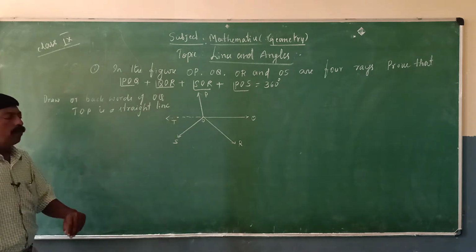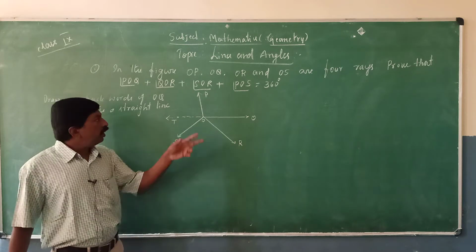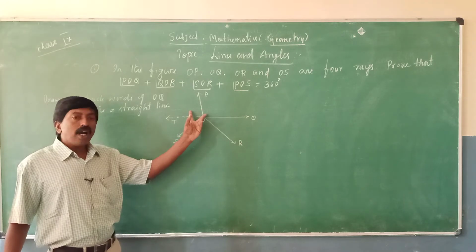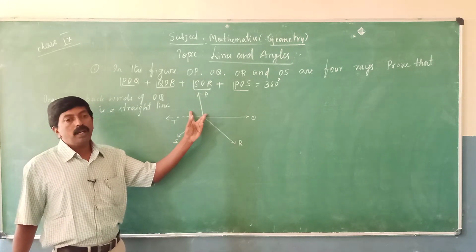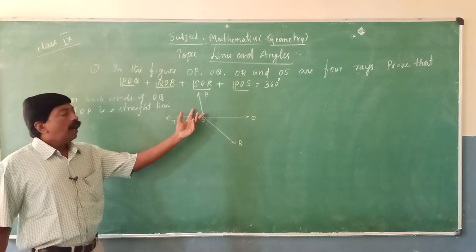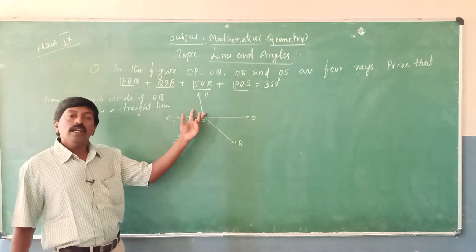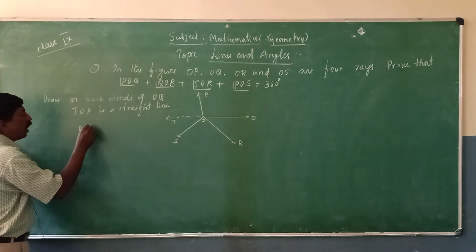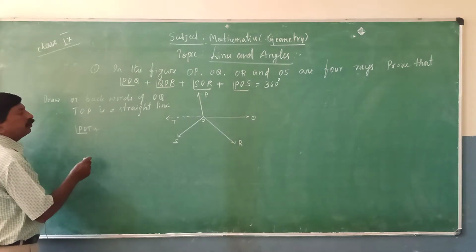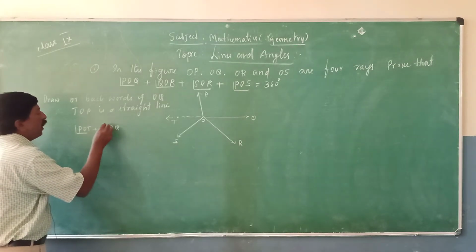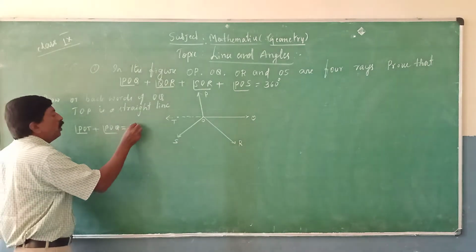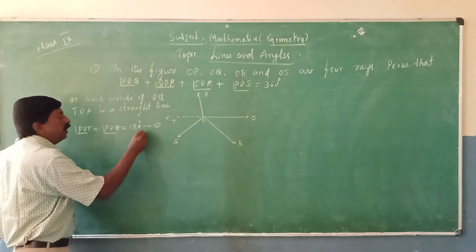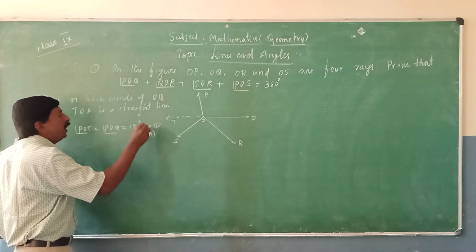Now on this line, which ray is standing? Ray OP is standing. That OP makes two adjacent angles forming a linear pair. What is their sum? Yes, 180 degrees. Therefore, angle POT plus angle POQ is equal to 180 degrees. Call this equation 1. The reason is linear pair of angles.